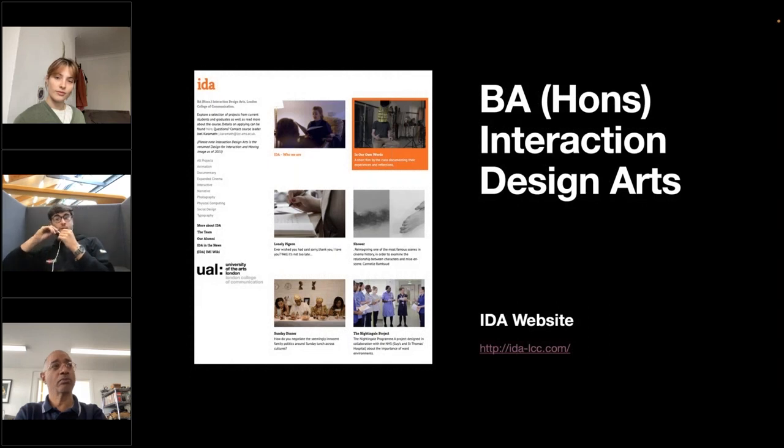I studied a foundation at CSM beforehand, and it was brilliant at building a portfolio, and you learn a lot of technical stuff. But I was drawn to IDA in the sense, and I've mentioned this before, that when you step into the studio, it's almost like a spaceship.